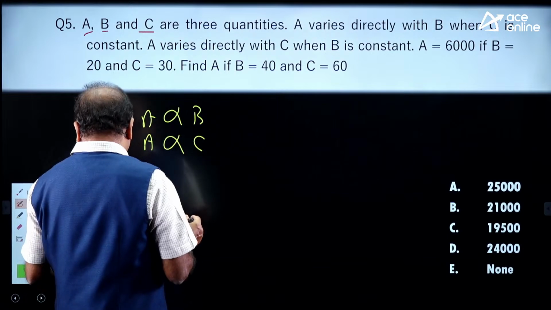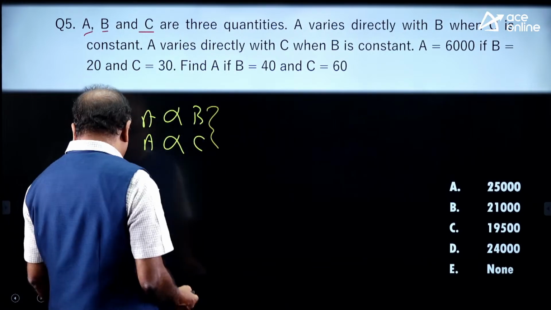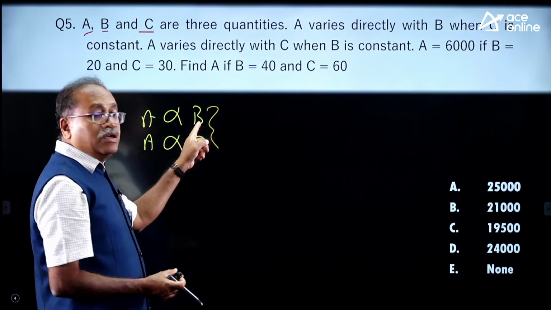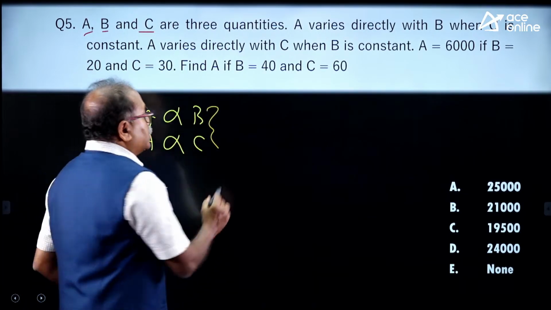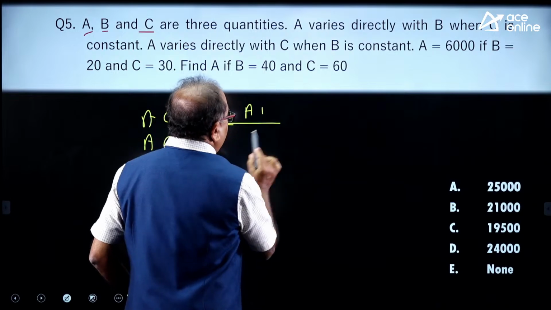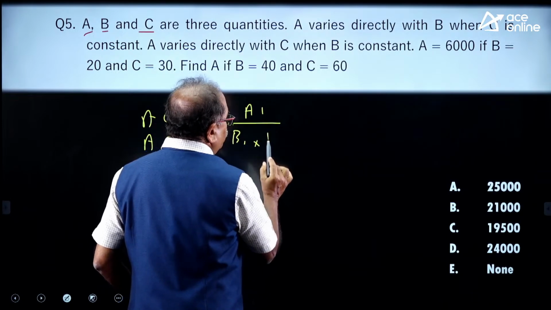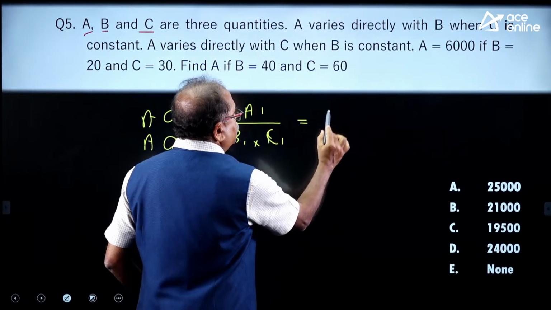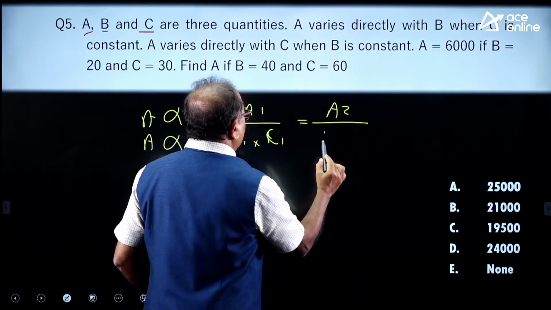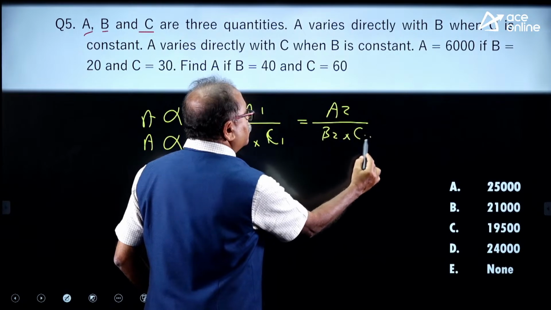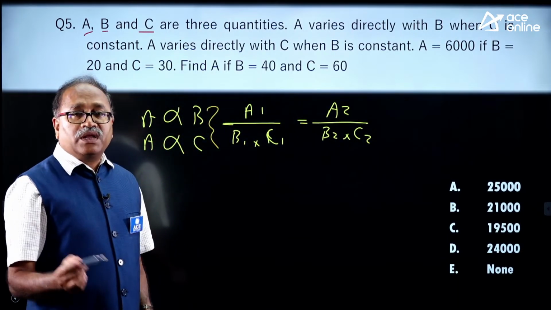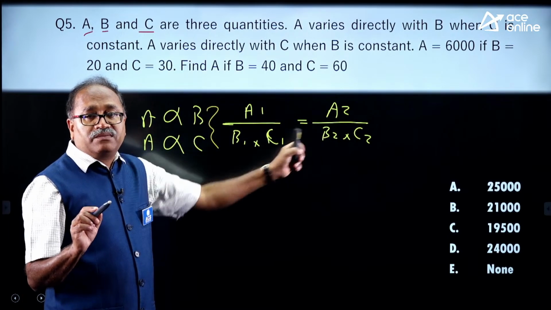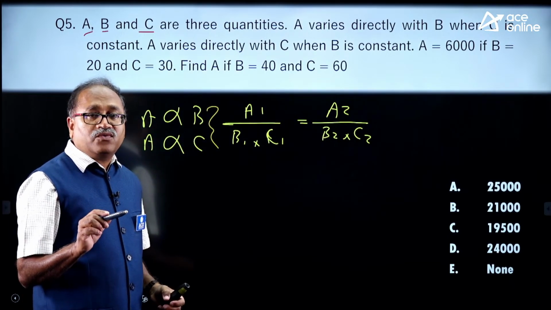When it varies directly, it will go in division. So A by B, A by C. That means A1 by B1 into C1 is equal to A2 by B2 into C2. In one case, you will have all the information. In the second case, one piece of information will be missing, that is, you need to work out.